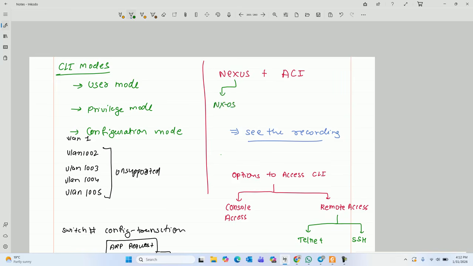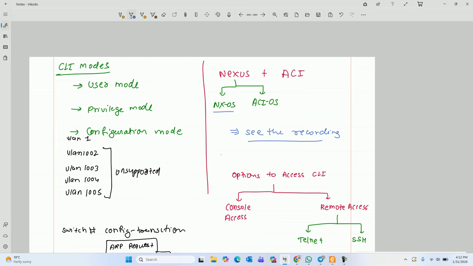One is known as NXOS, and the second is known as ACI OS. By default, the Nexus switches run in NXOS mode. It means each and every switch will be configured and managed individually.